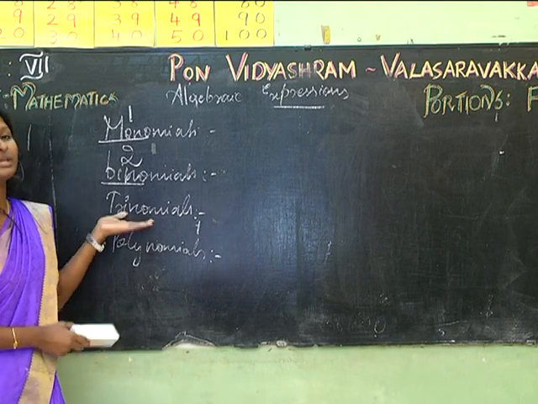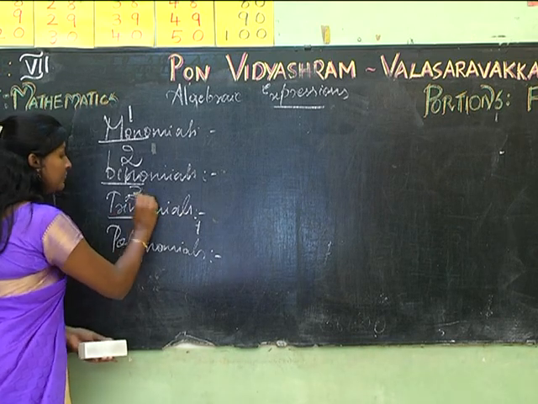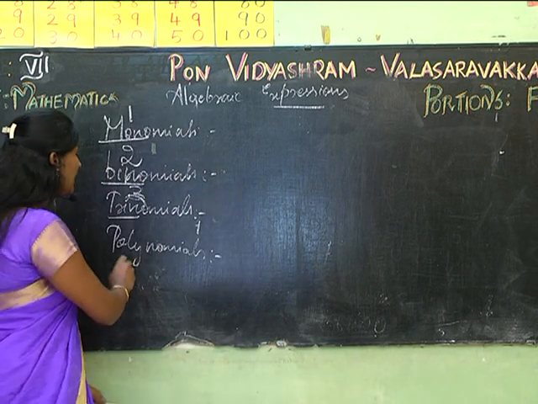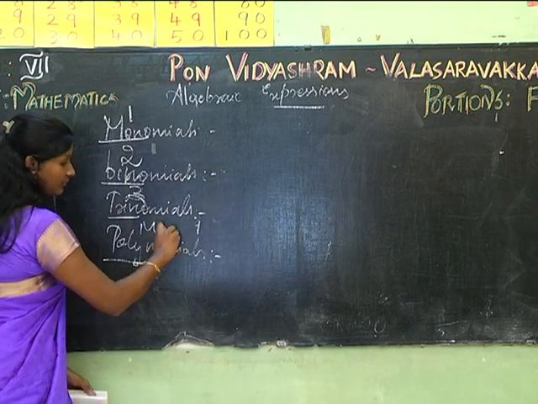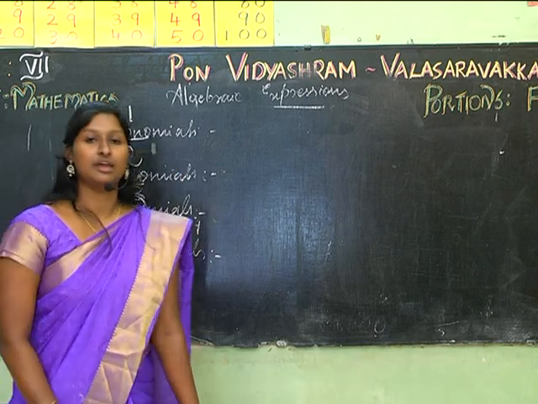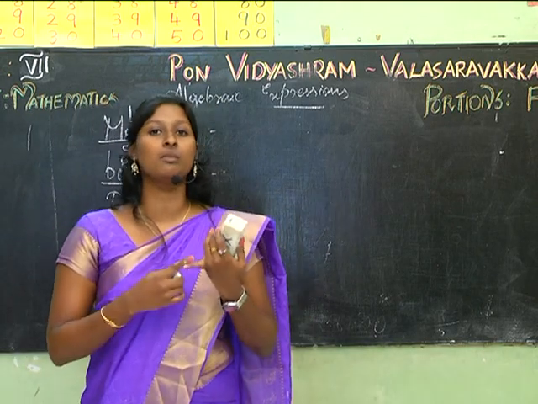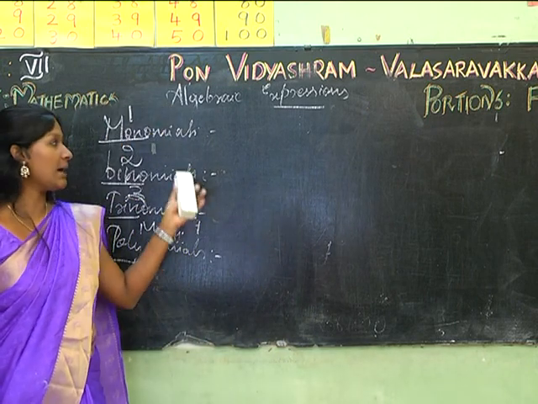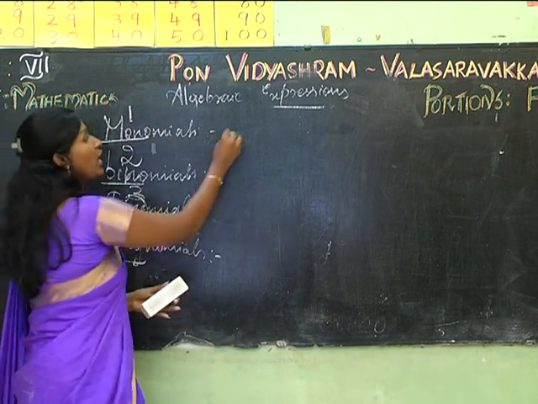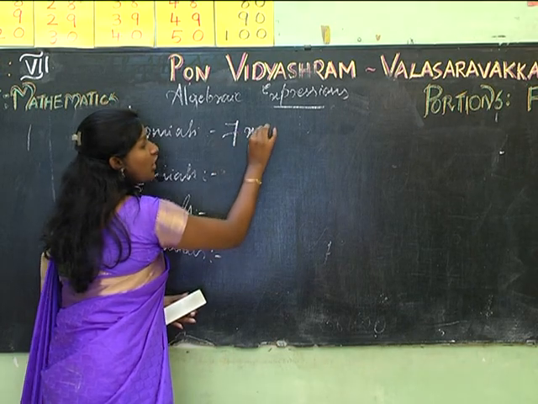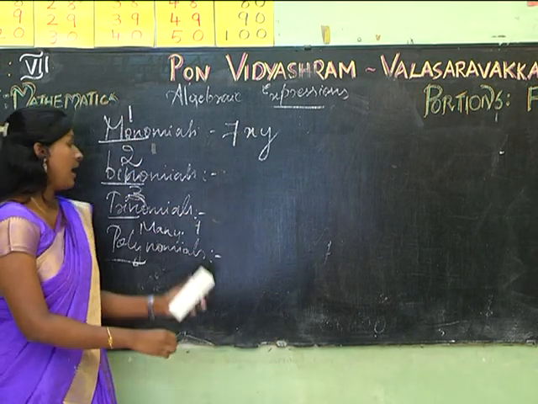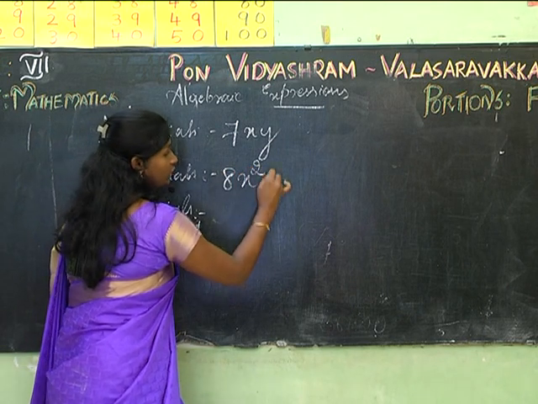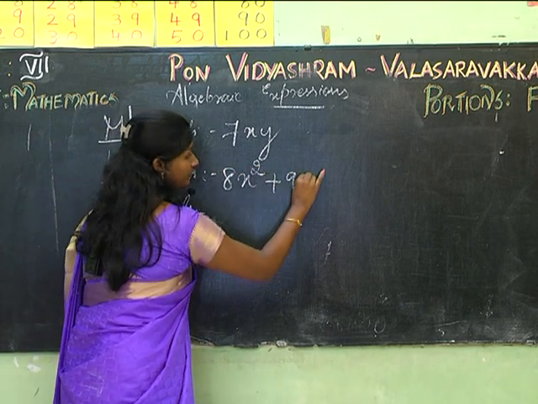And then trinomial, tri means 3. That is an expression having 3 unlike terms. Then poly means many. Therefore, an expression having 1 or more terms is called a polynomial. Let me give an example for each of them. Monomial means consisting of only one term, and binomial means consisting of 2 unlike terms.